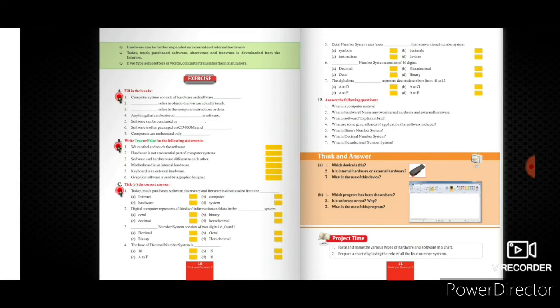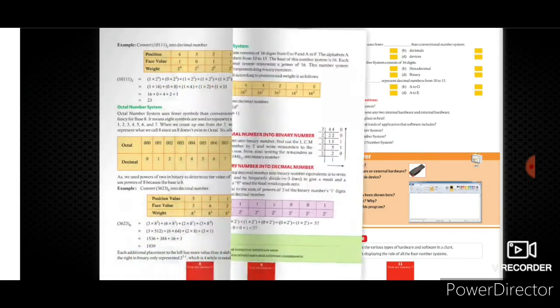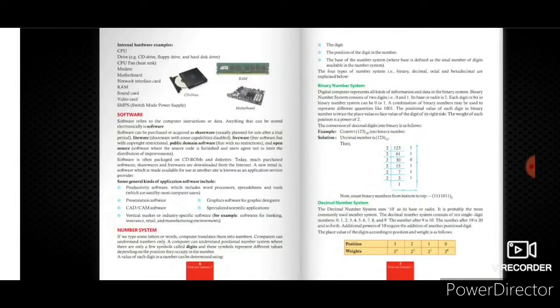Next question is, what are some general kinds of application software? So we can see here some general kinds of application software includes. I have already given you the page number, but I'm just explaining all the questions and answers again. It's easier to understand by page number, but okay, doesn't matter.